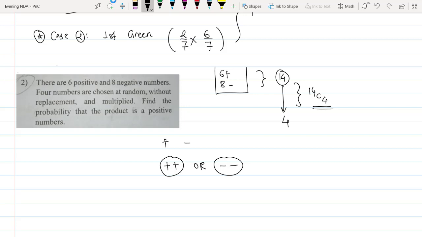So you want 2 positive numbers. How many positive numbers do you have? 6 positive numbers. Out of them I want 2. So this can be done in 6C2 ways. Or plus I want 2 negative numbers. There are a total of 8 negative numbers, so out of 8 I want 2. That can be done in 8C2 ways.